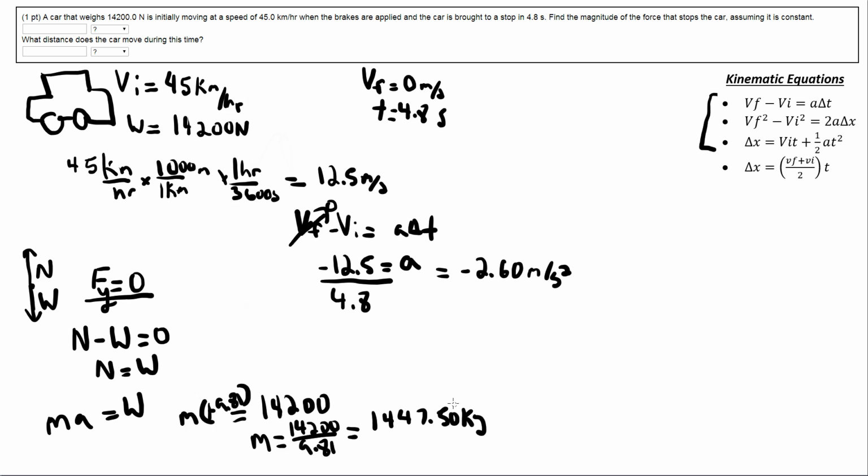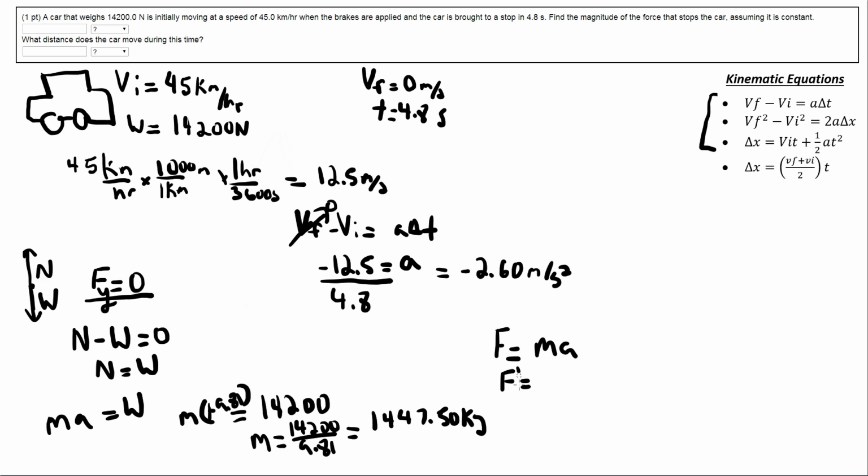Now we know the mass of the car. What we can find out now is the force that brings it to a halt, brings it to a stop. So we can say that the force is equal to ma. In this case, we know our mass, and we solved for our acceleration earlier, which is minus 2.60 meters per second squared.